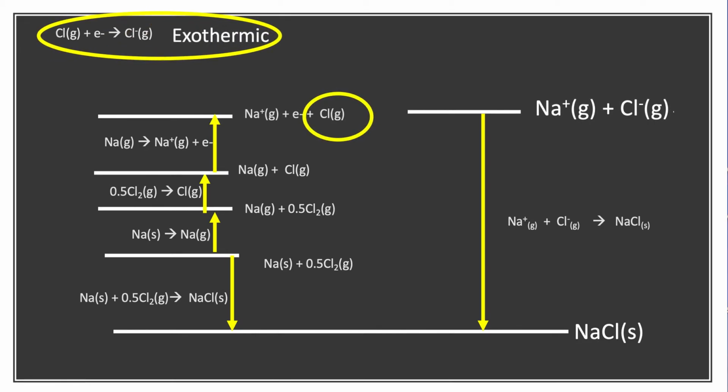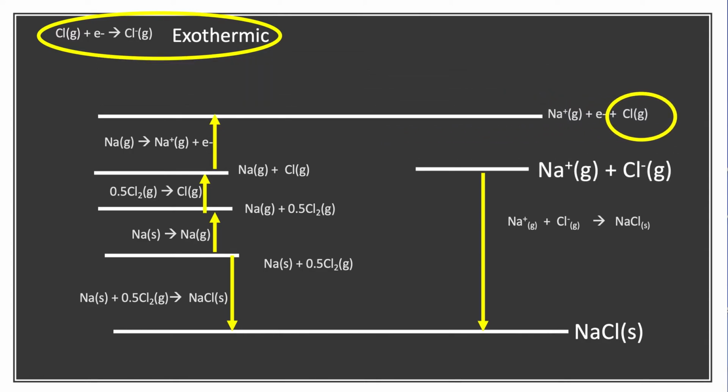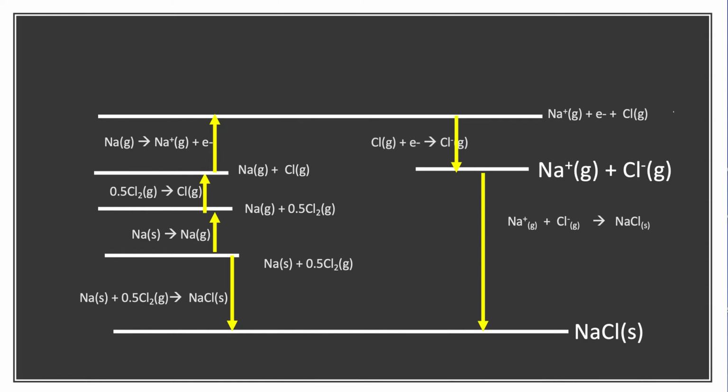So rather than carry on going up, we're actually going to bring our energy down, because the highest energy state out of all of these is going to be Na+ gas plus an electron plus Cl, and then we're going to go down to give me Cl- due to the electron affinity of chlorine.